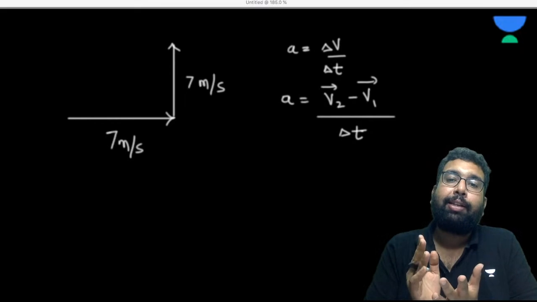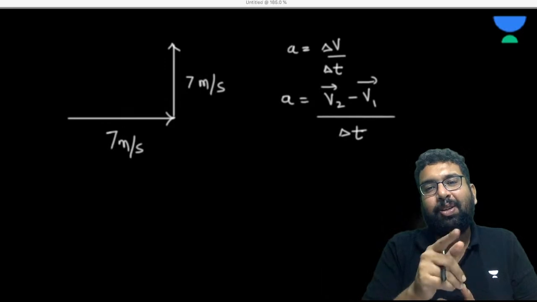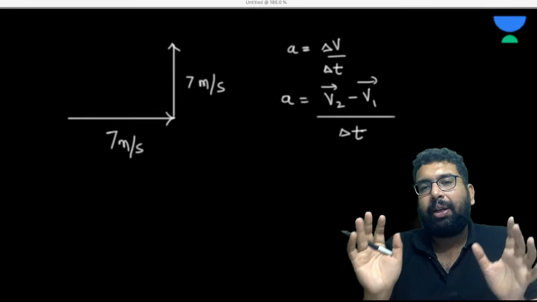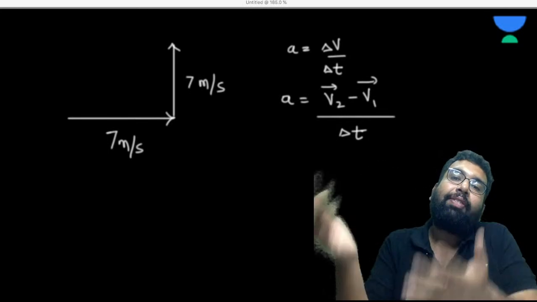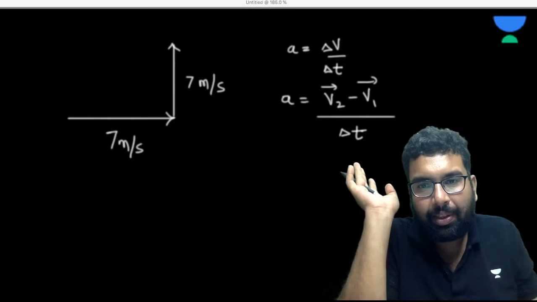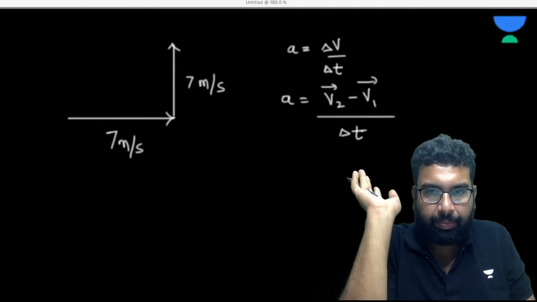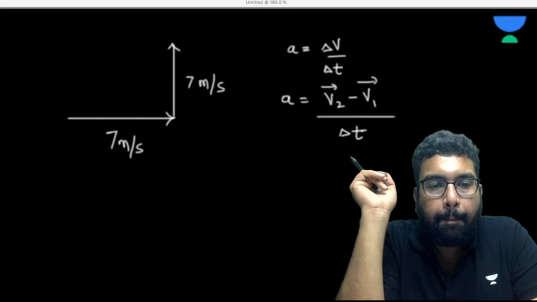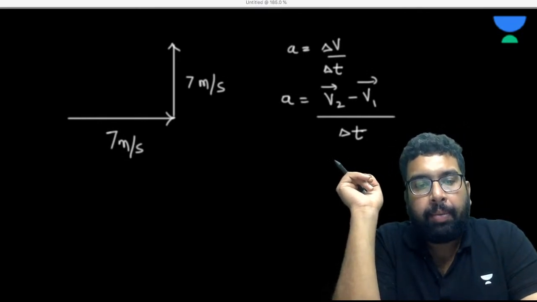In vectors, 7 vector minus 7 vector can be anything between 0 to 14. Are you getting my point? In this case, it is not going to be 0. Remember the first thing I told you in the vectors?